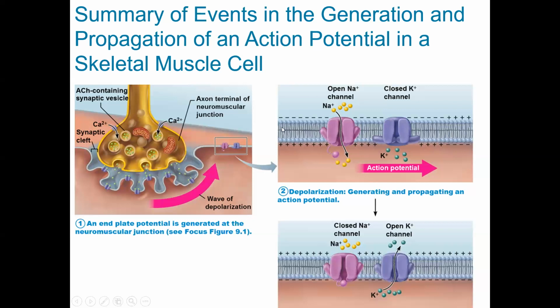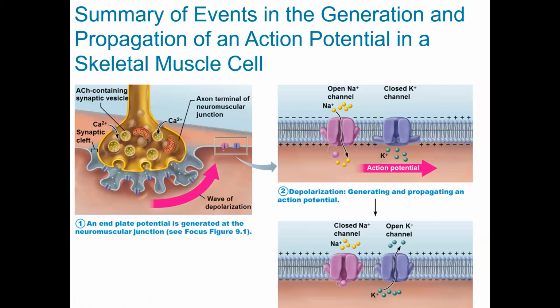Because now we're going to change the charge from -90 to -50 to open up these gates. And sodium rushes in and it will continue to change the charge on all the voltage gates spread out through the length of the muscle cell. On the surface of the muscle cell are all these voltage gates in place.